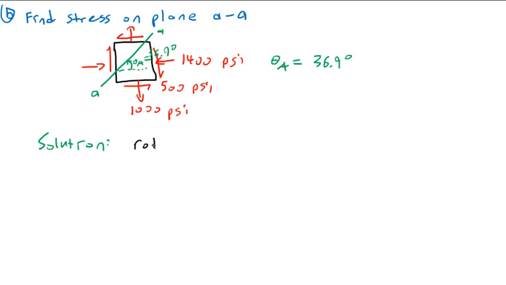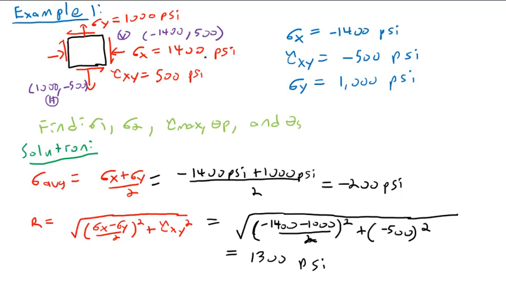Rotate 2 theta A from H. H is this one here, the horizontal. Remember we defined it back here. Well, we're going to be 2 theta A from that.